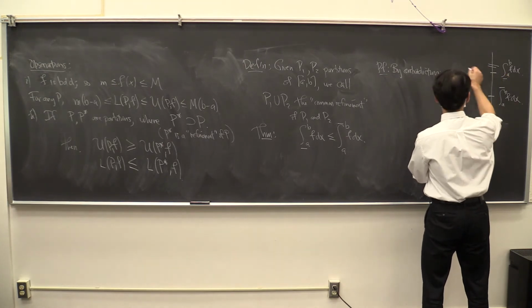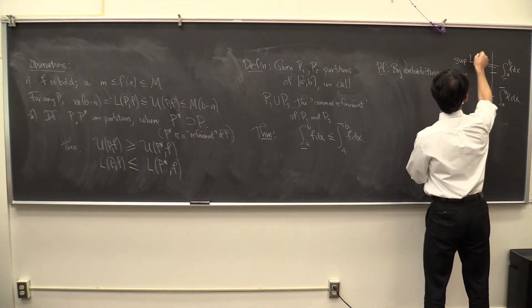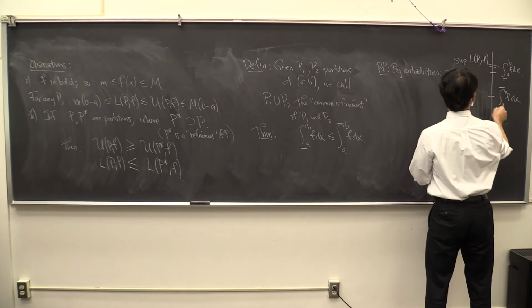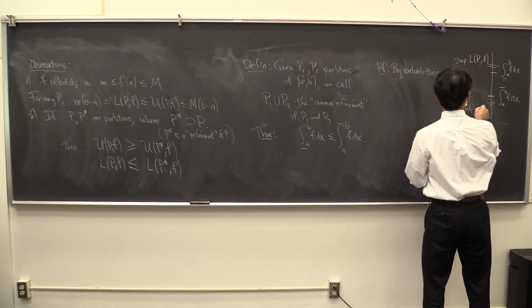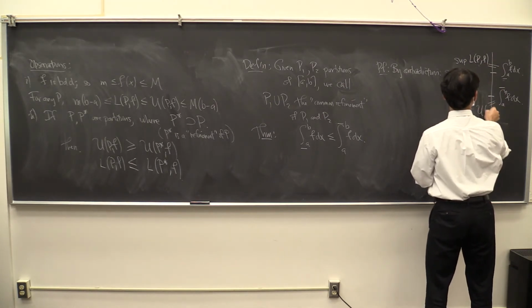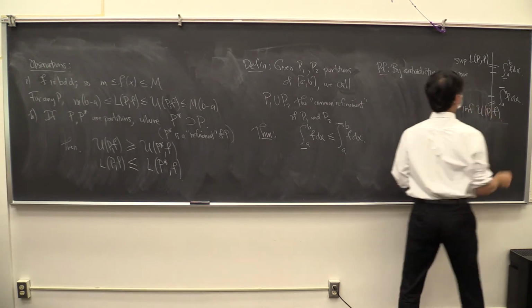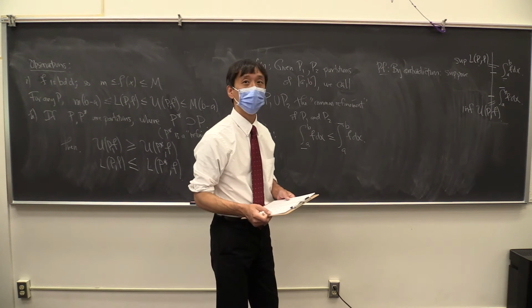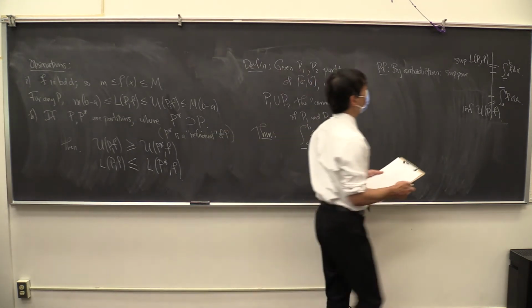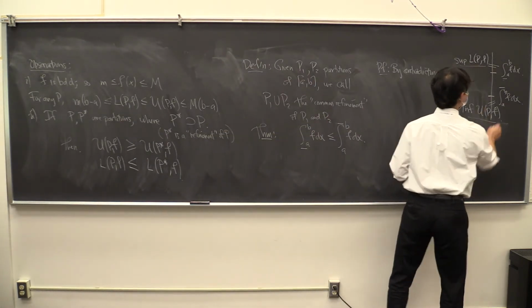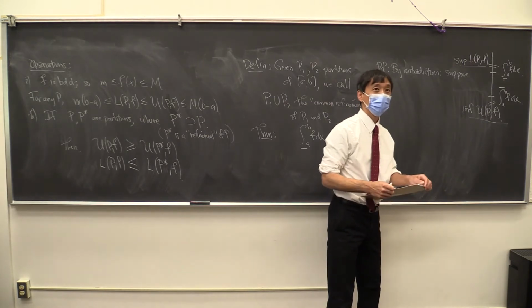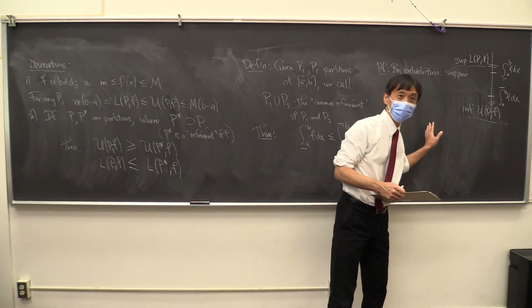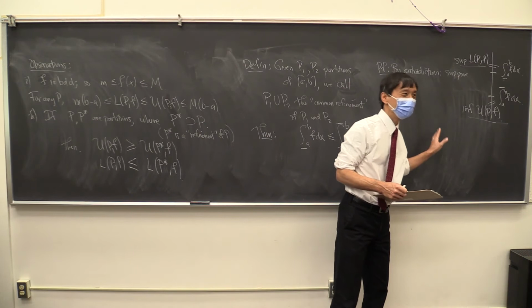This is the lower Riemann sum, which is the supremum of the lower sums, and this guy is the infimum of the upper sums. Everybody all right?